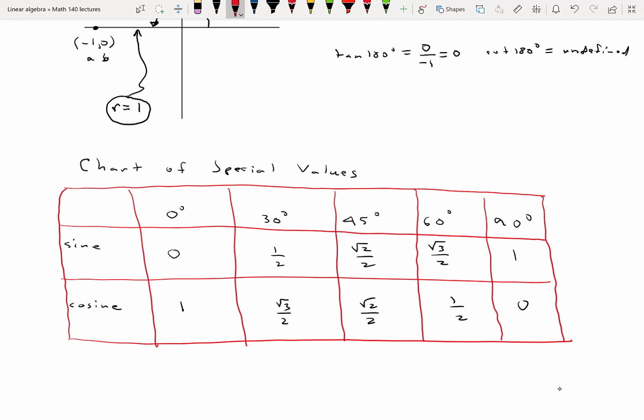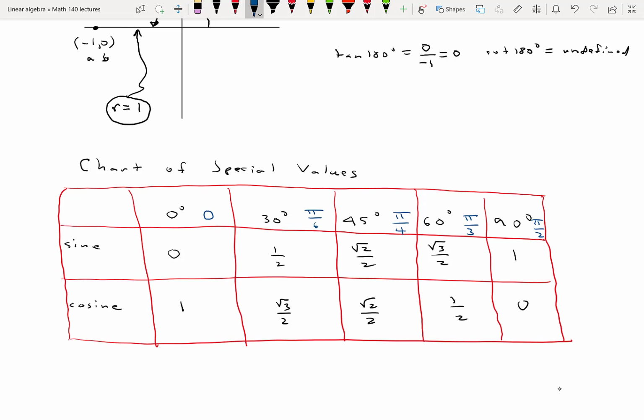So might as well put in the corresponding angles in radians. In radians we have 0, pi over 6, pi over 4, pi over 3, and pi over 2. Okay, so here's our chart of special values.